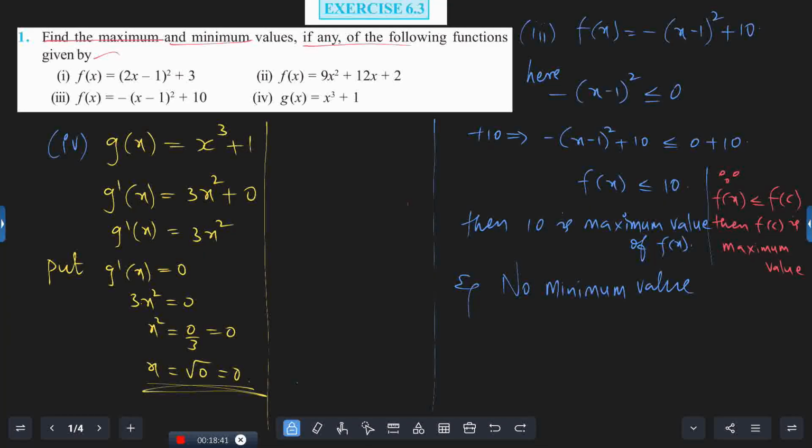So take one number on the left side of 0 and one number on the right side of 0, and substitute them in g dash of x. On the left side of x equal to 0, you will be getting a negative value.